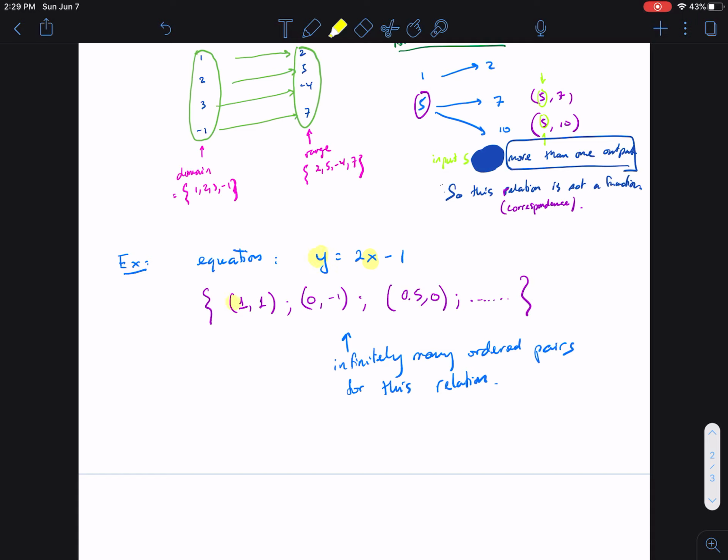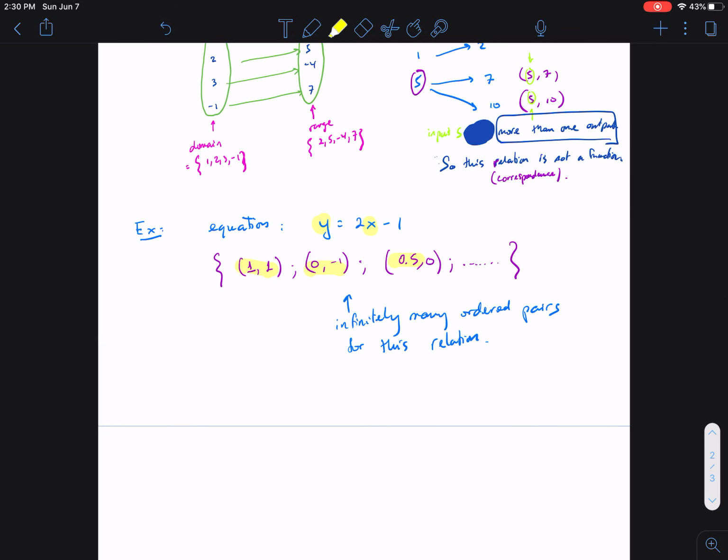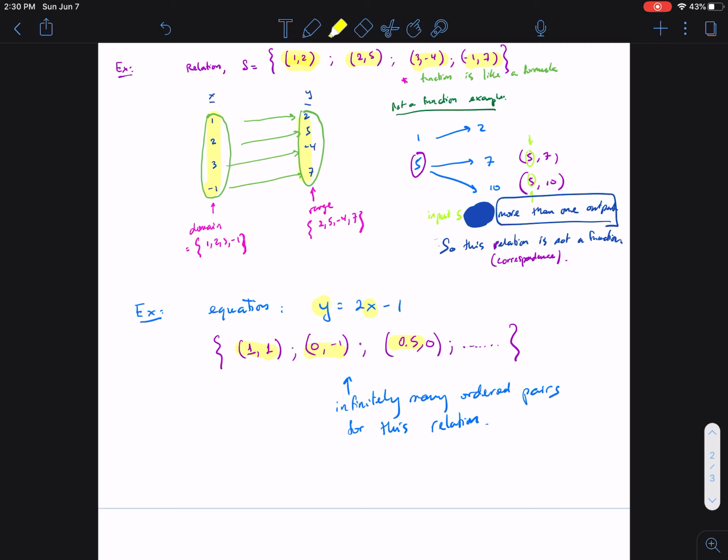We can just list a few here, and there are a lot more. When we deal with an equation that has unknown variables x and y like this, chances are it has infinitely many ordered pairs. How are we going to collect all the domain and range? It becomes a little more difficult.